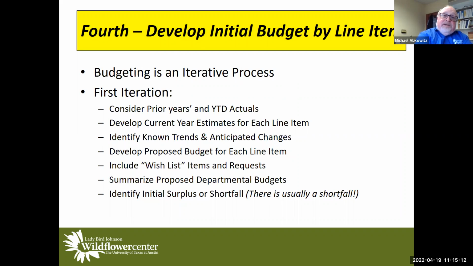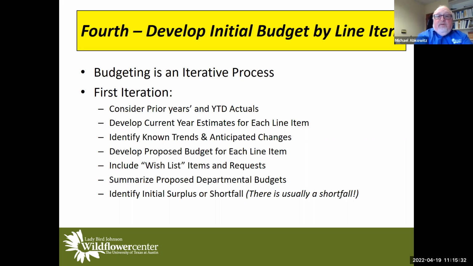Finally, budgeting is an iterative process. I first develop an initial budget based on looking at last year's actual expenses and revenues, this year's year to date, and projecting out the remainder of this year.